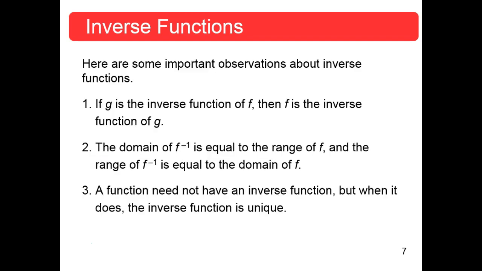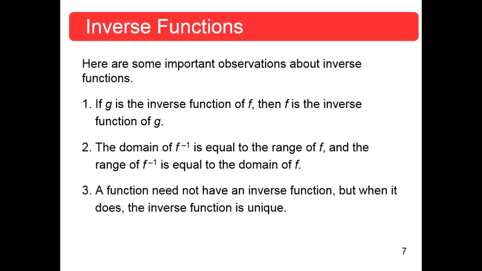Okay. Here are some important observations about inverse functions. And by the way, for those who just came in, we're in 5.3, which is inverse functions. And this is just a slideshow here. If g is the inverse function of f, then f is also the inverse function of g.